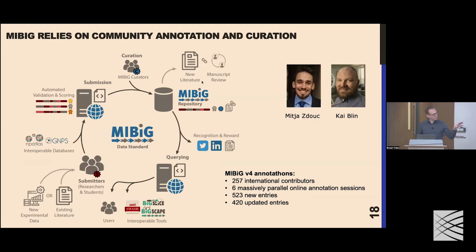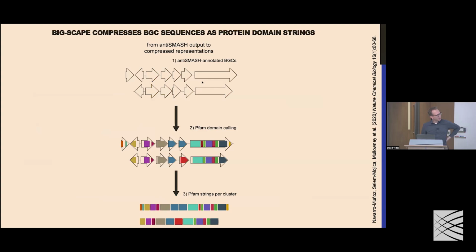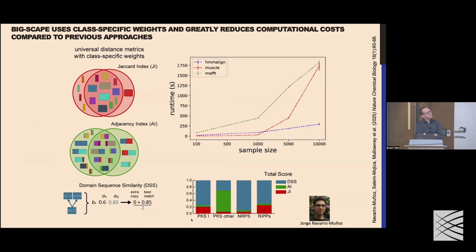So then to BiG-SCAPE, the clustering of these gene cluster families, the key trick that we employ there is that we start by translating the sequences of these gene clusters to strings of protein domains, to have a small-scale representation of a gene cluster. So you do protein domain calling, and then you have strings of protein domains that represent a biosynthetic gene cluster. In the next step, these gene cluster representations can be compared to each other using a couple of different metrics.